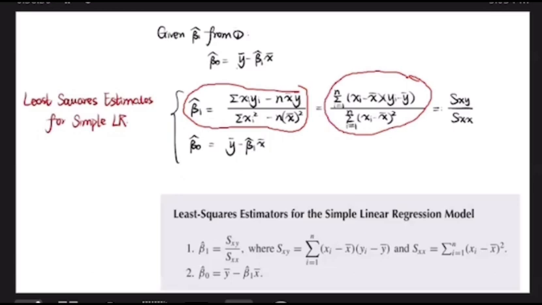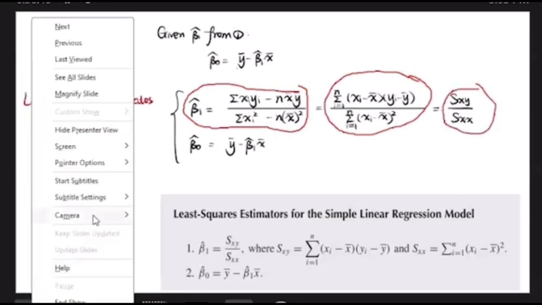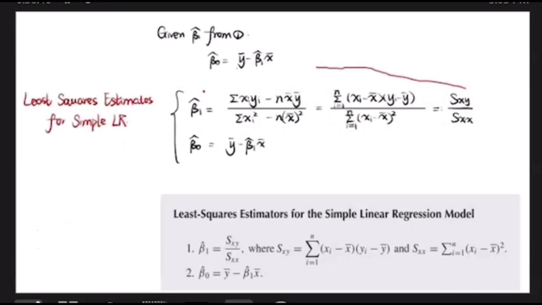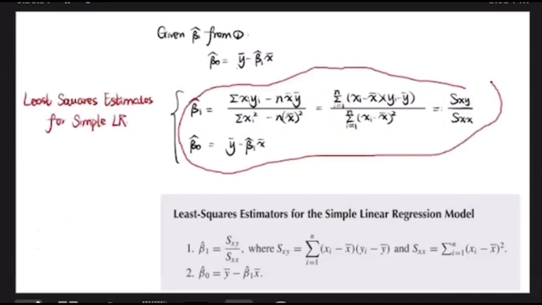The denominator is the variance, like the sum of square deviation for x. Okay, that is why you say this. The estimators now are this. We're trying to say, okay, the beta naught cap and the beta 1 cap equal that.